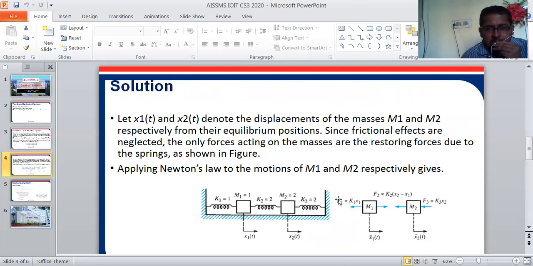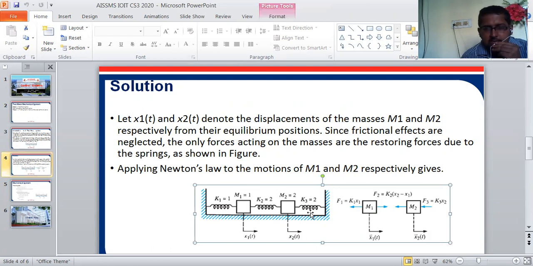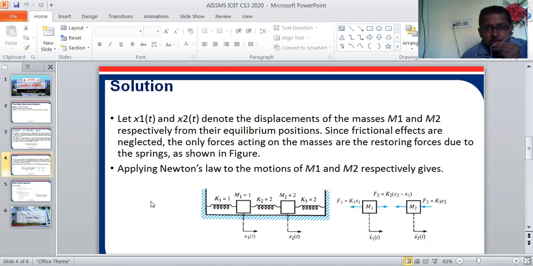So for the displacement of M1 and M2, there will be two equations generated, as there are two different masses M1 and M2, connected with springs K1 and K2 as well as K3. Suppose this is the first mass M1, it will be connected to K1 as well as K2. But this K2 is connected in between M1 and M2.